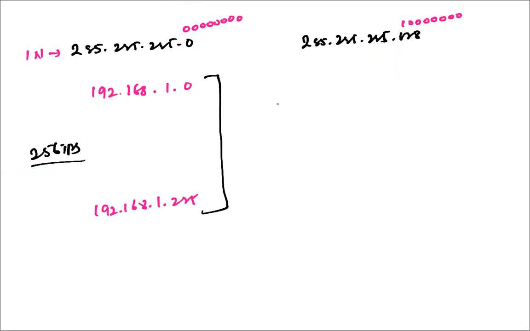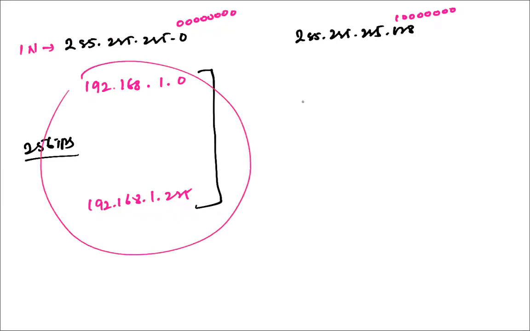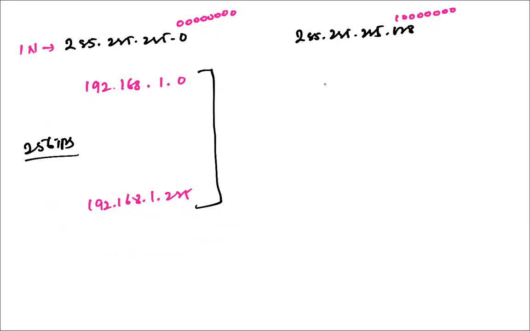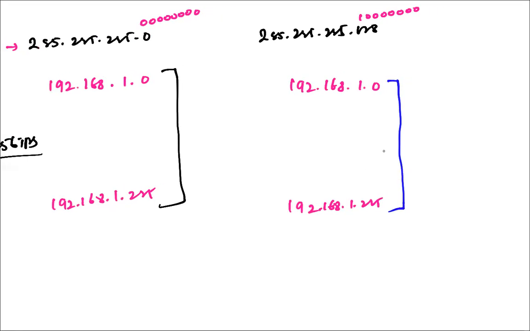Now we're going to have two networks here. The same one network is going to get divided into two. Let me write the range again: 192.168.1.0 to 192.168.1.255.